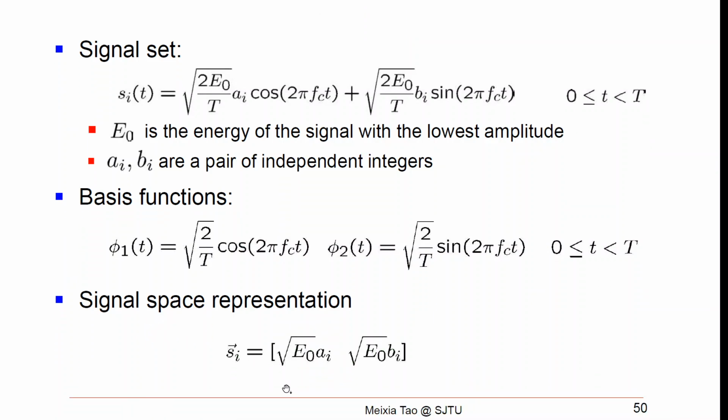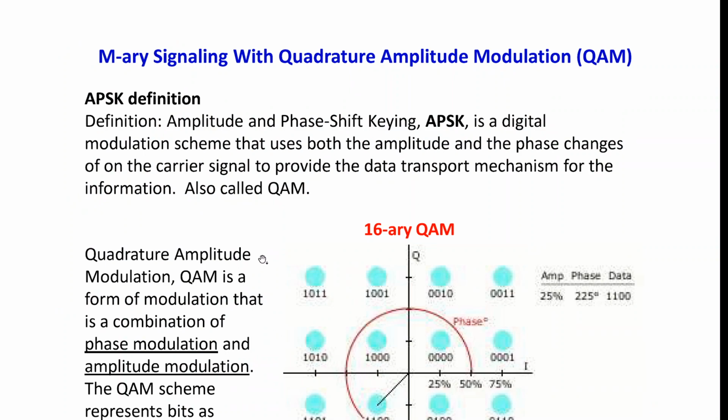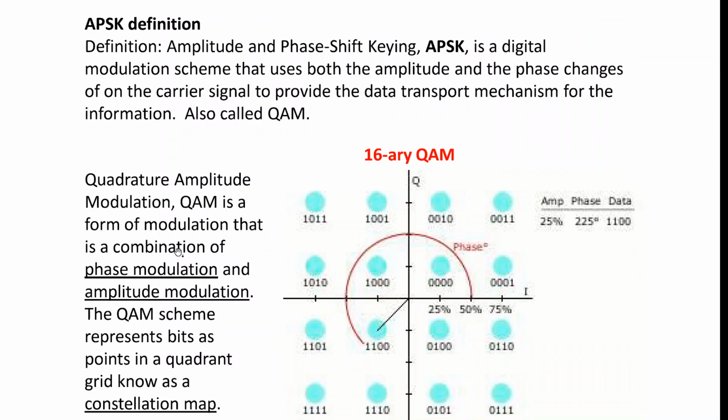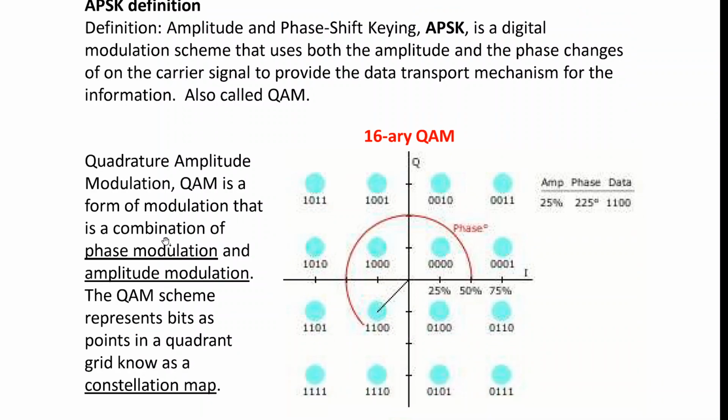Now the signal space representation is root of E0 AI, root of E0 BI. That is QAM. Both amplitude and phase change. This is a combination of phase modulation and amplitude modulation.